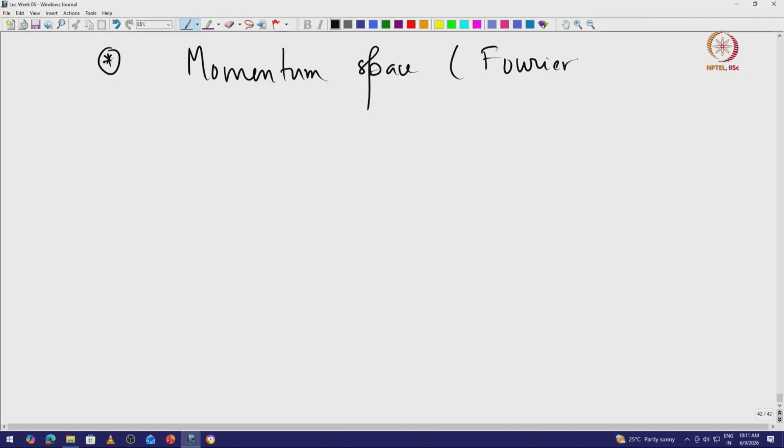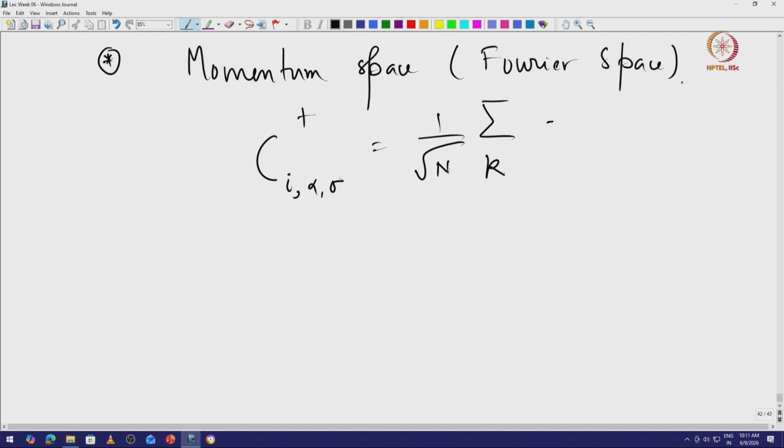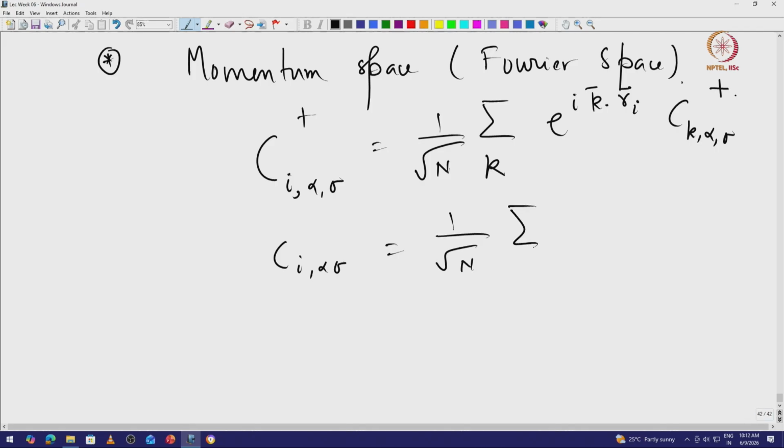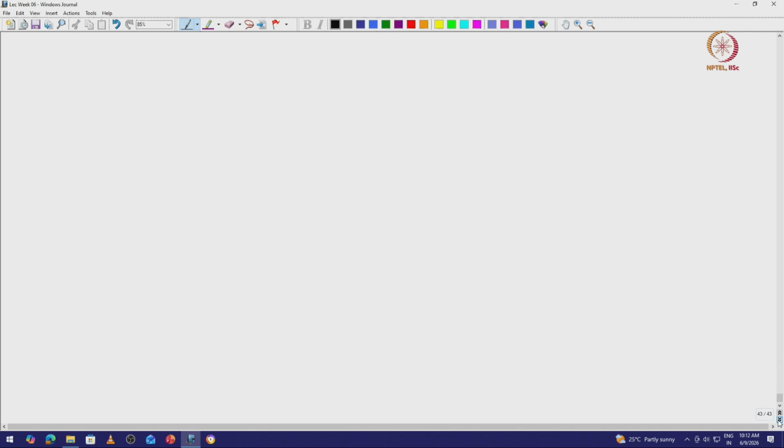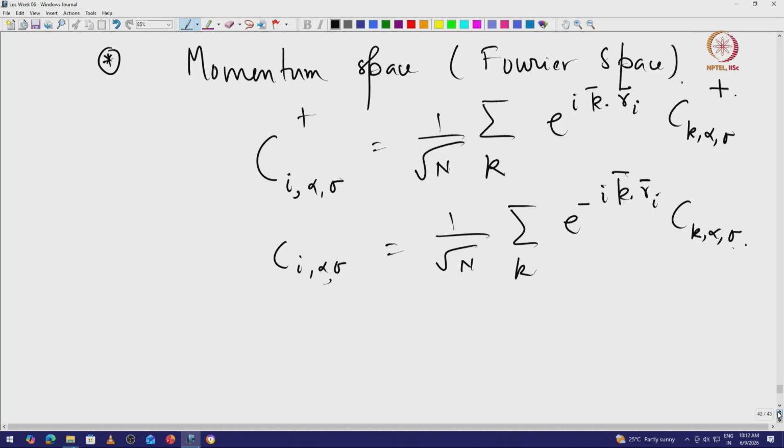or Fourier space. So, C in Fourier space, I alpha sigma, and Ci alpha sigma will be... So, then in the Fourier space, Ck under a given symmetry, how is it going to change?